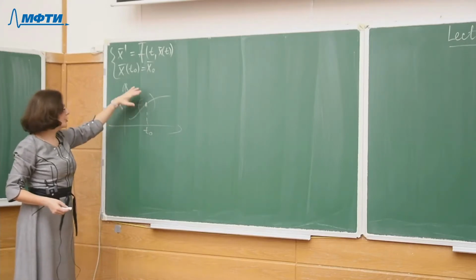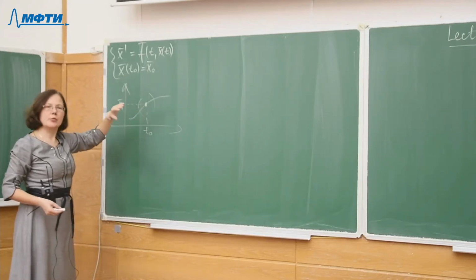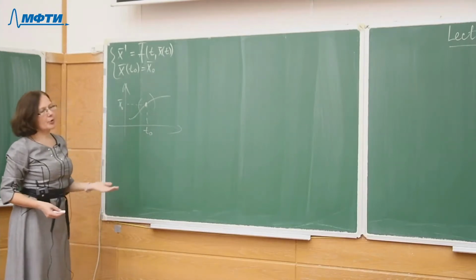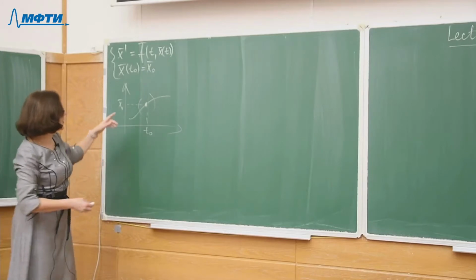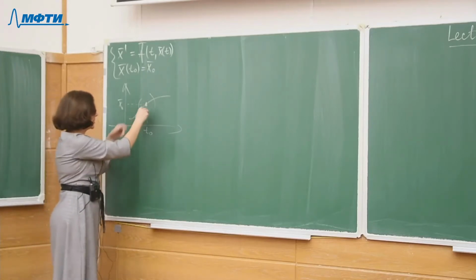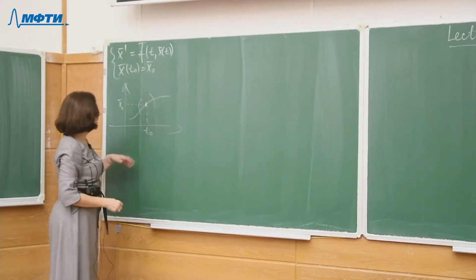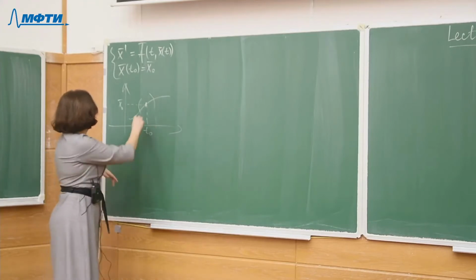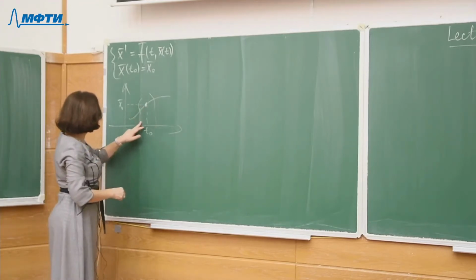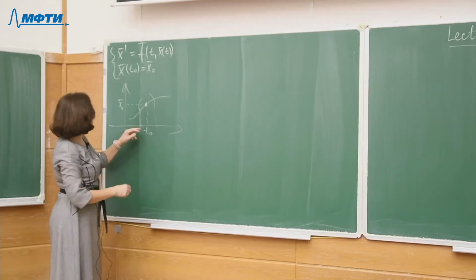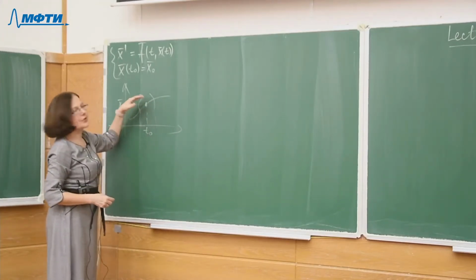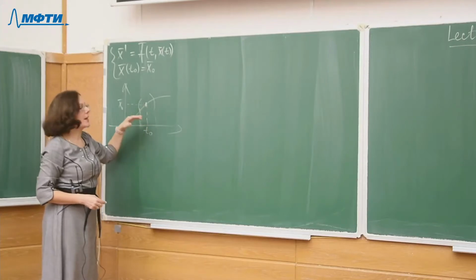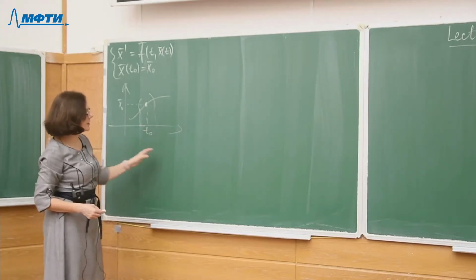But we want to study the problem of global existence of a solution. So we have defined the maximal interval of the solution, so we can't extend the solution out of this maximal interval.